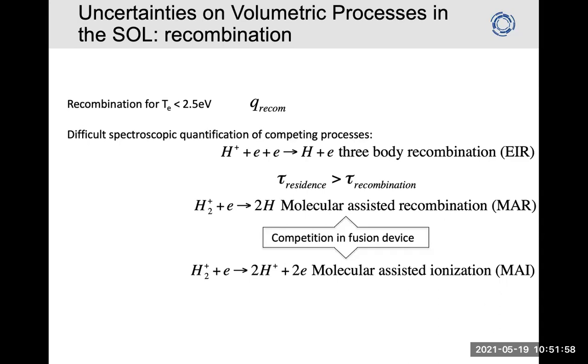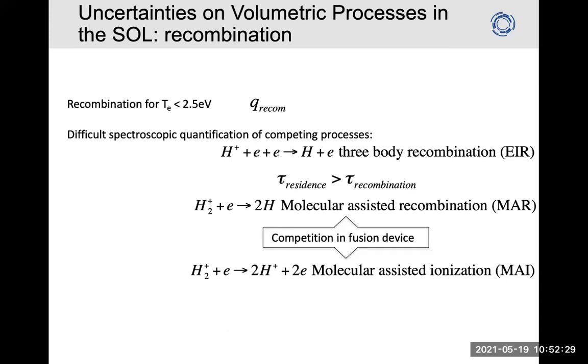And if you have a probability for this three-body recombination to occur, this probability also can be translated into an average time that it takes for three bodies to recombine. And flying to the target is in competition with being recombined before hitting the target. So you can also look at the whole process as a competition between these two times.